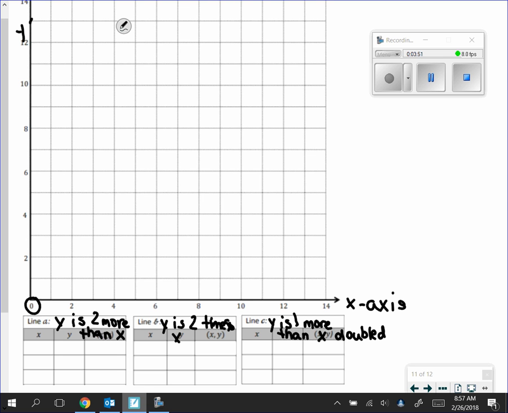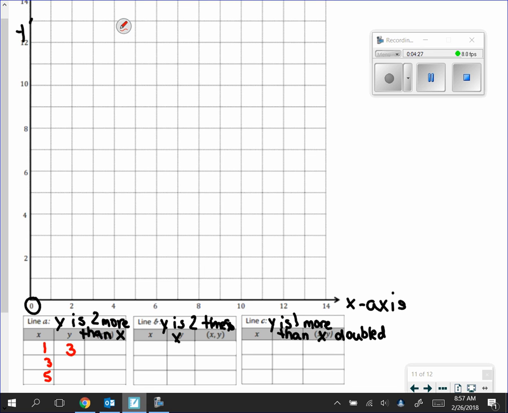So what I'm going to do is I'm going to put some points in for X. I'm going to keep it simple. I'm not going to put huge, massive numbers in there. I might start off with 1, 3, 5. So, Y is 2 more than X. If Y is 2 more than 1, what is 2 more than 1? 3.